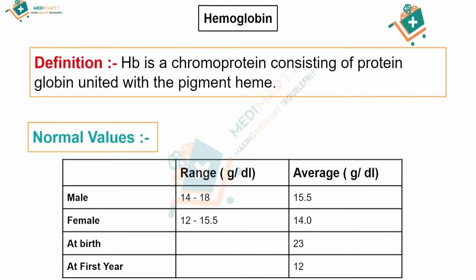The female normal value of hemoglobin has a range of around 12 to 15.5 gram per deciliter, and the average is around 14 gram per deciliter. At birth there is no range, directly we talk about the average, which is around 23 gram per deciliter, and at the first year it is around 12 gram per deciliter.